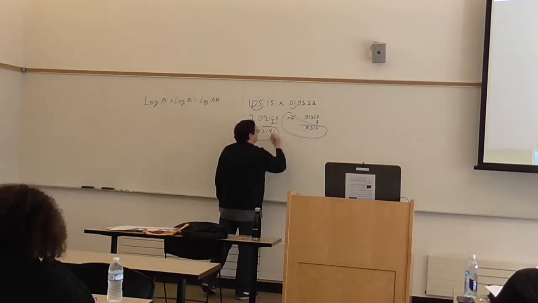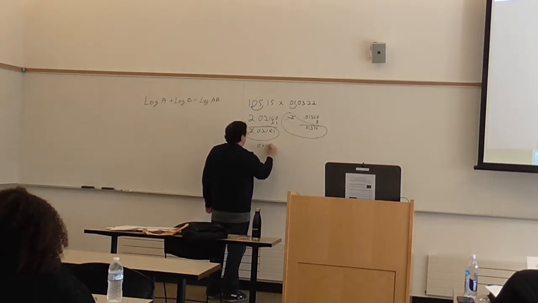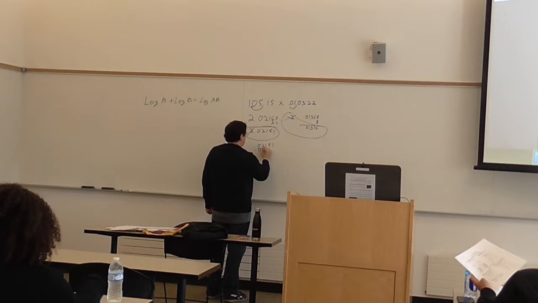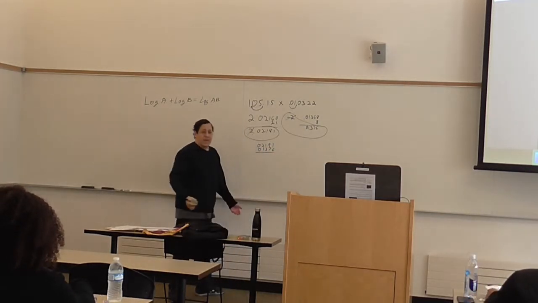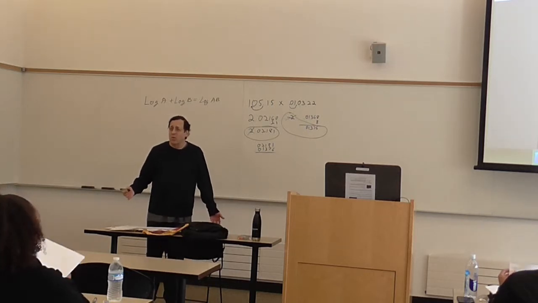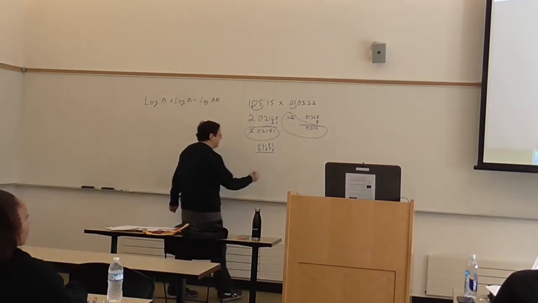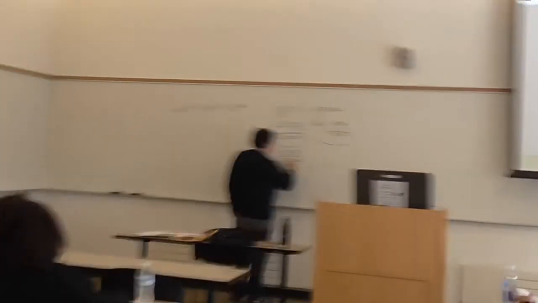My 2's are going to cancel, which is nice. So I get 0.02181 and 0.01376. Now here's where I actually have to calculate. I have to add, but hopefully everybody's good at adding. So 7, 15, 5, 3, 0.